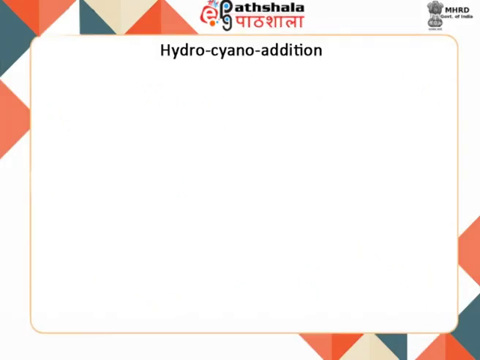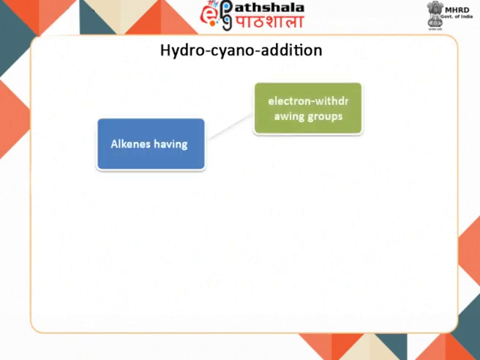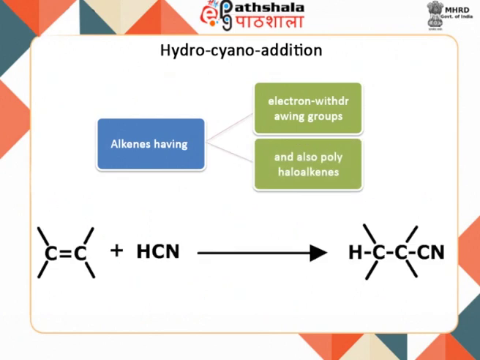Let us consider another reaction here, the hydrocyanation reaction. Alkenes having electron-withdrawing groups, and also polyhaloalkenes, undergo base-catalyzed reaction with hydrogen cyanide to give nitriles.